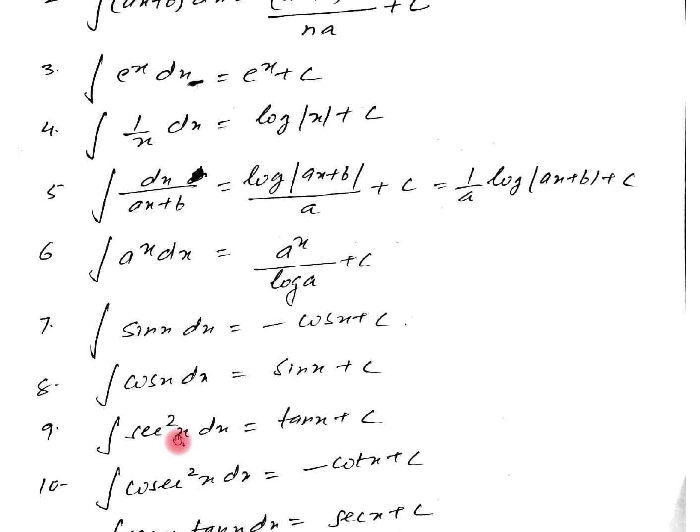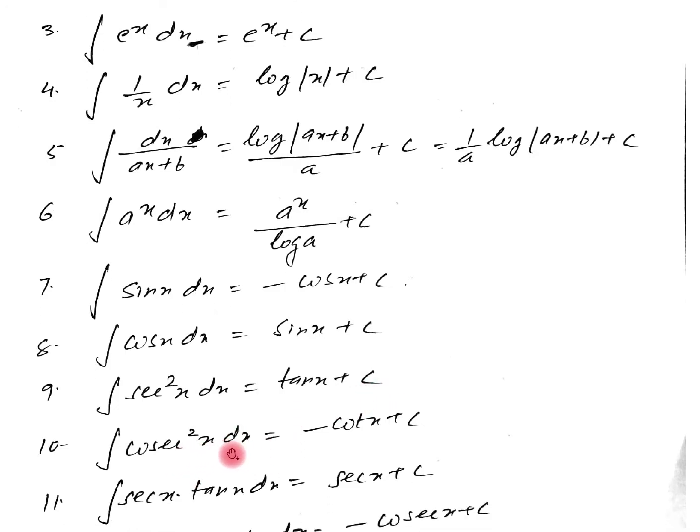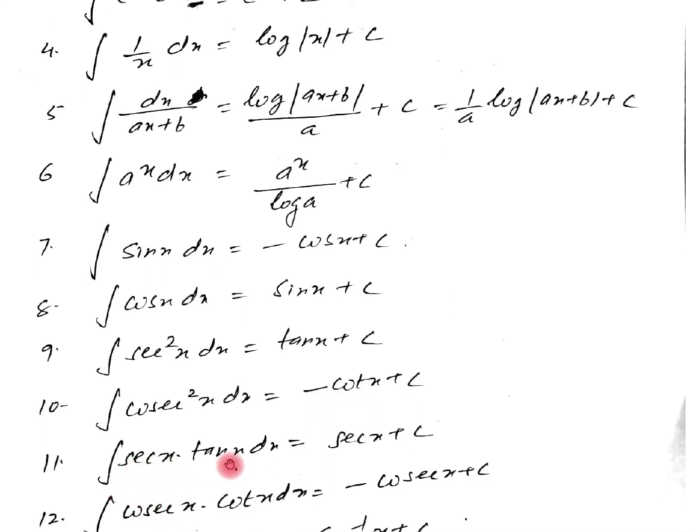Integral of secant square x dx equals tan x plus c. Integral of cosecant square x dx equals minus cot x plus c. Then the integral of secant x into tan x. Now it is the derivative of secant x. So the integral of secant x tan x dx equals secant x plus c.